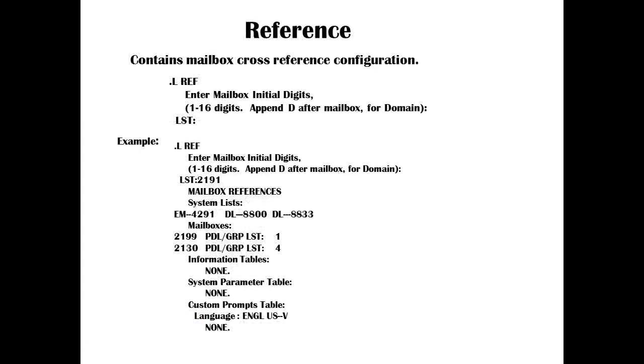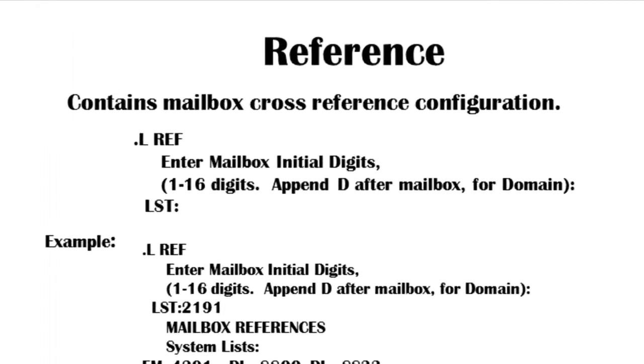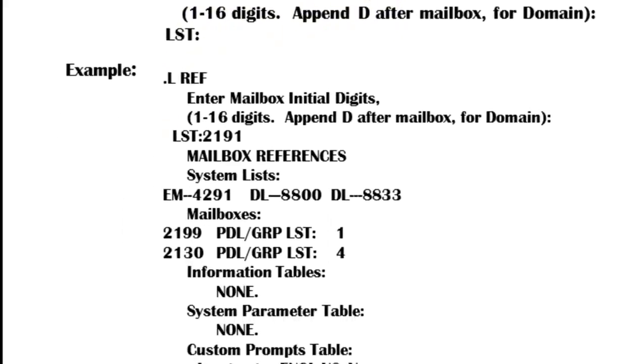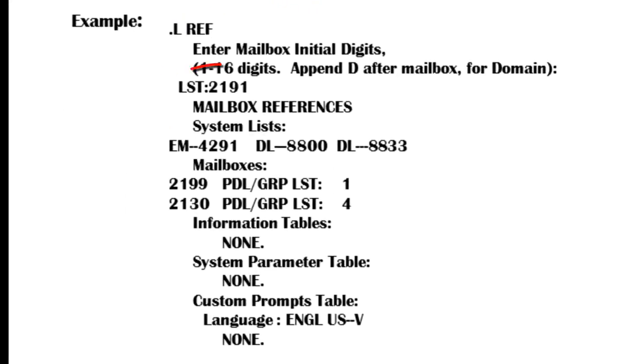The reference report. This report contains mailbox cross-reference configuration. Again, from the update prompt, we enter the L space REF command. We are prompted to enter the mailbox initial digits. In this example, we are requesting information on initial digits 2191.